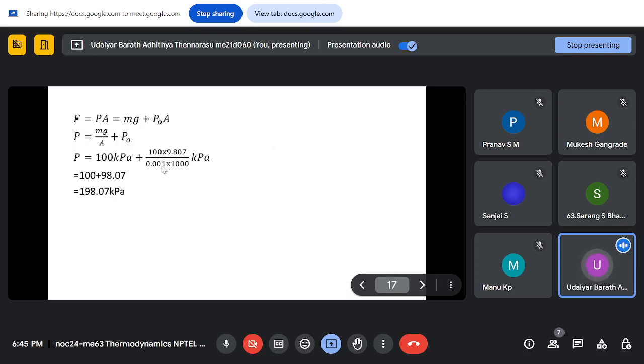Sorry, I made a mistake here, it's 0.01. I'll divide by 1000, because mg by A gives you Pascal, and to convert it into kilopascal I have divided it by 1000.